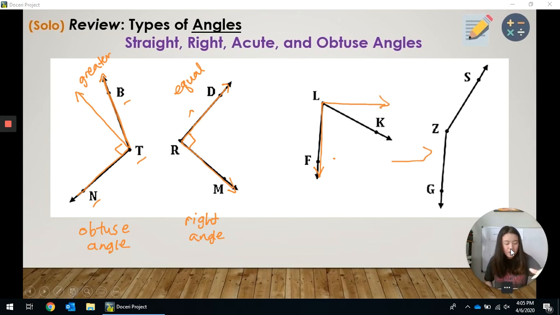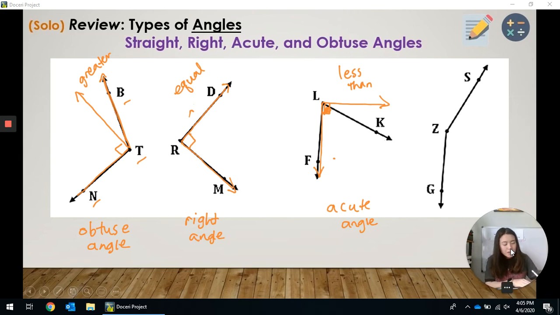There we go, right there. And that makes the right angle there. If our right angle is right here, it will cover ray LK. So this is less than a right angle, and that makes it an acute angle.